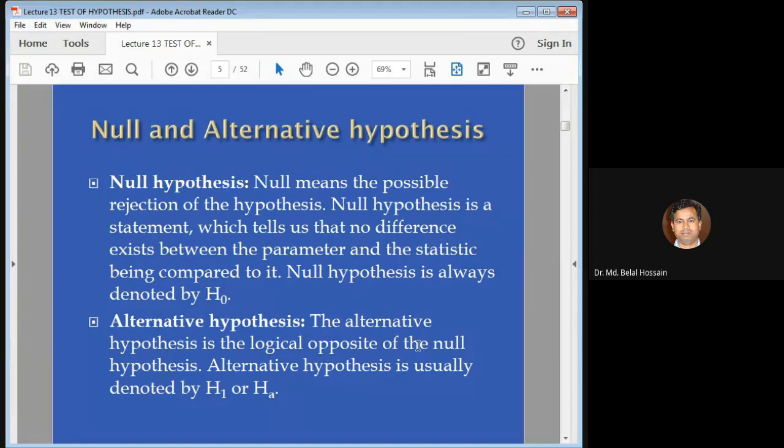Null hypothesis is the statement that tells you that no difference exists between the parameter and the statistic being compared to it. That is the first hypothesis we want to make. You know that a parameter is actually a population constant.